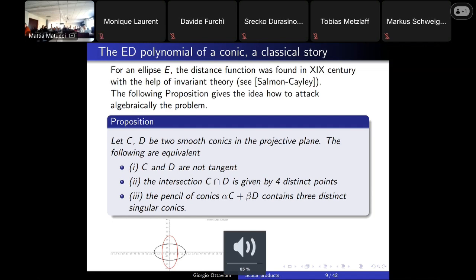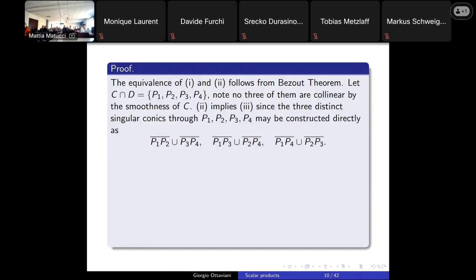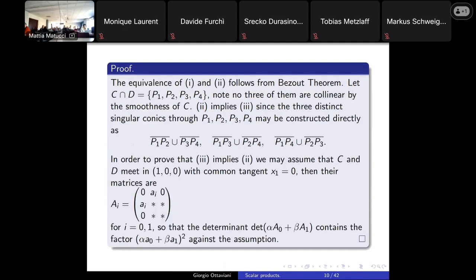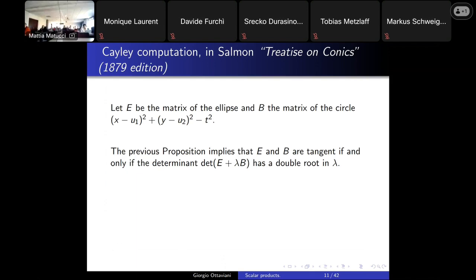One direction you have to fight a bit. And then, okay, this is indeed the proof, but I prefer to skip. Then you can use this to compute the polynomial and the offset of the ellipse, because you start from a circle.